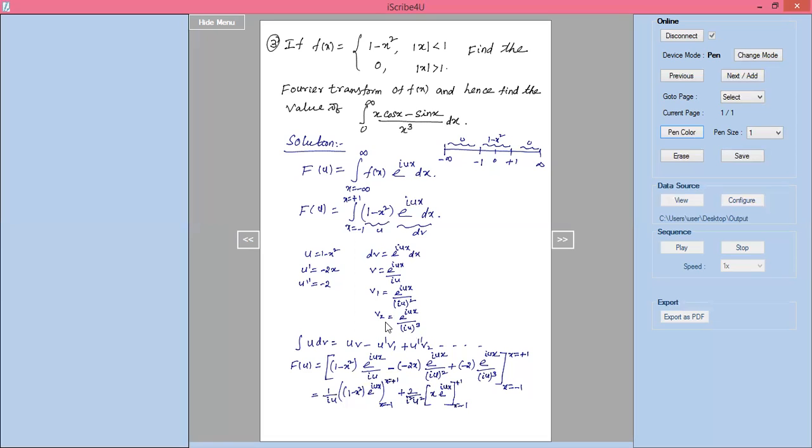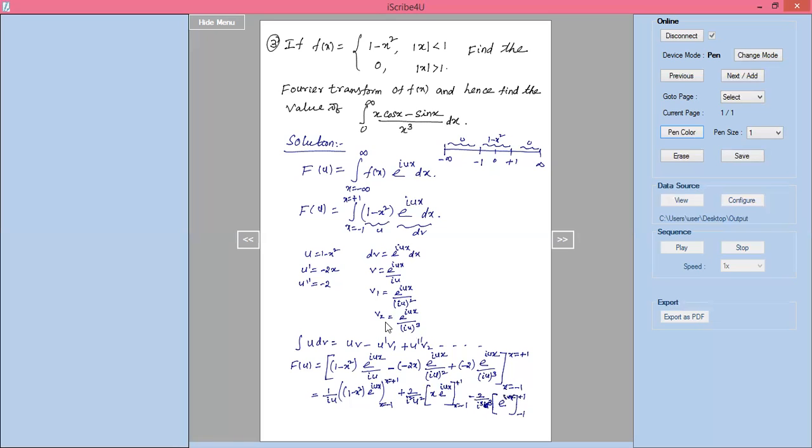Next, minus of minus is plus 2 divided by i square u square, taking minus i outside; here x into e power iux, with limit minus 1 to plus 1. Next, minus 2 divided by i cube u cube, taken outside; remaining is e power iux, with limit minus 1 to plus 1.